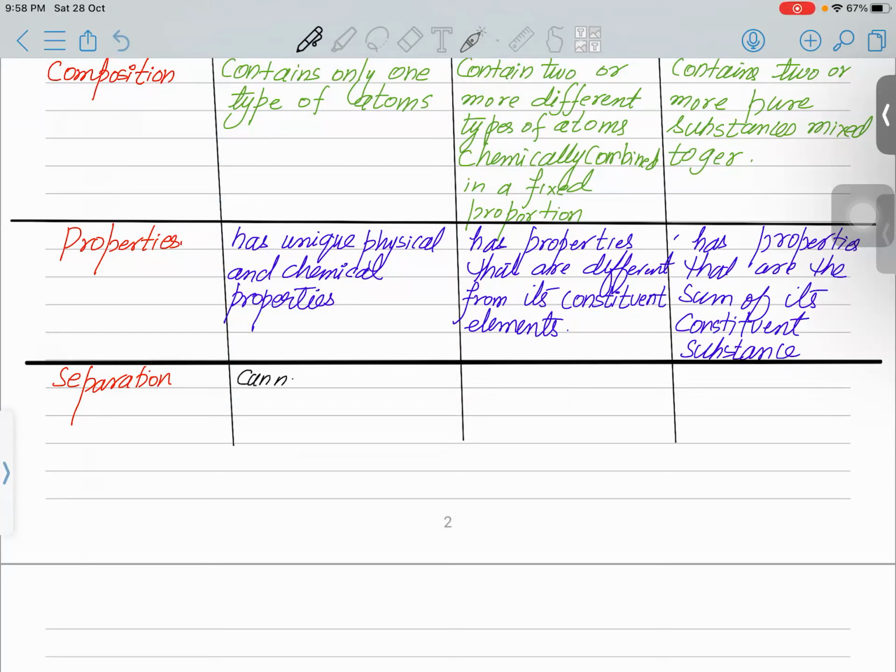Yes, sir. So it cannot be broken down into simpler substances by chemical means.